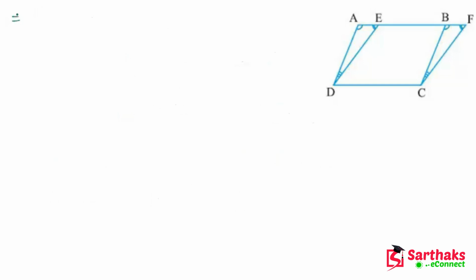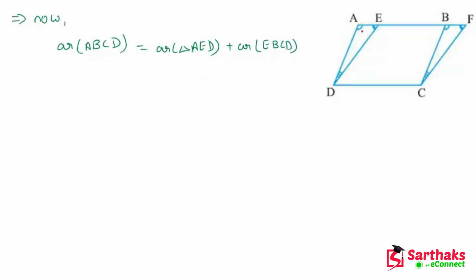Now my dear friends, we can write area of ABCD, which is equal to area of triangle AED plus area of EBCD, because we know that area of ABCD is the combination of this triangle and this quadrilateral EBCD.